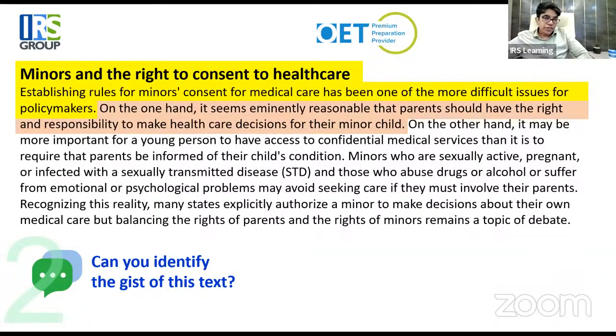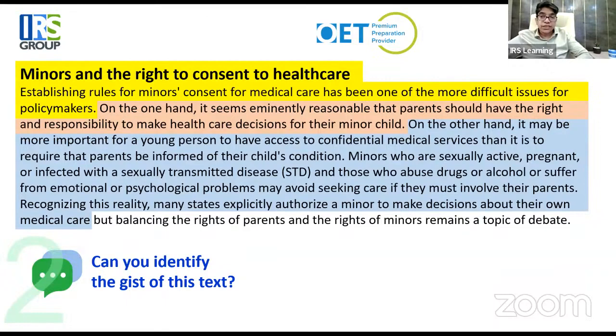So you have an argument on the one hand which says that parents have a right. But then a larger chunk of the text says that a younger person having access to medical services is really important.